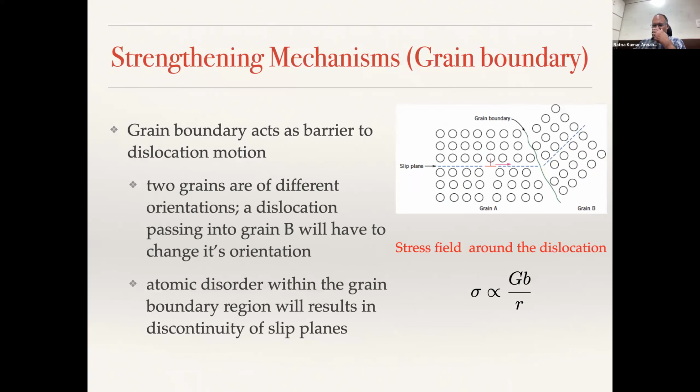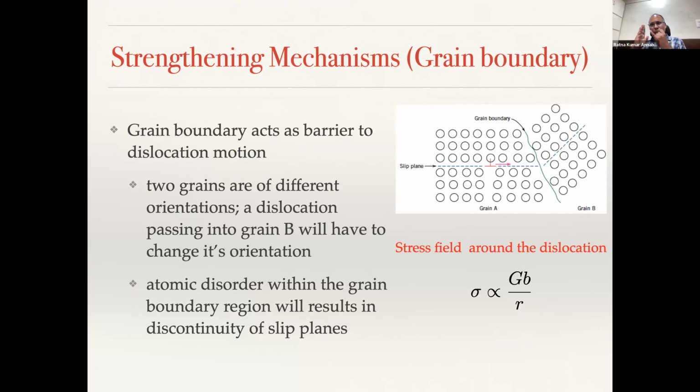All right. So far what have we learned? We have learned that in metals, you have some crystal structure, and that crystal structure is never perfect. You will have different kinds of defects. There are two kinds of defects that we have looked at so far.